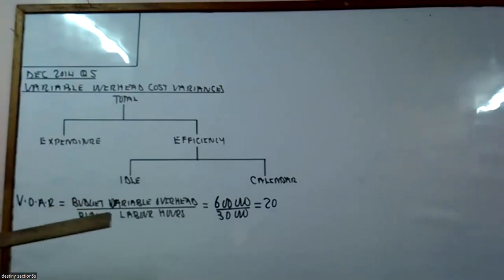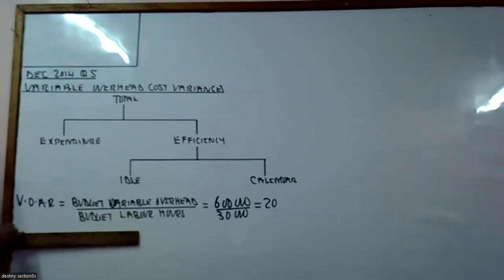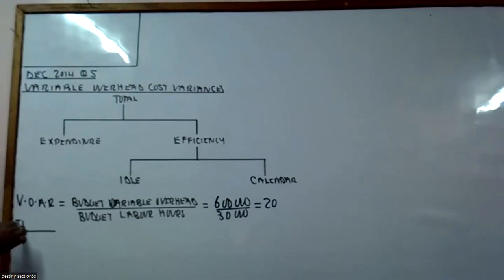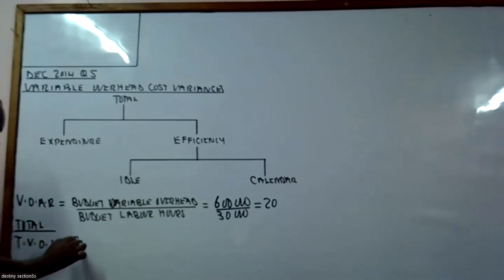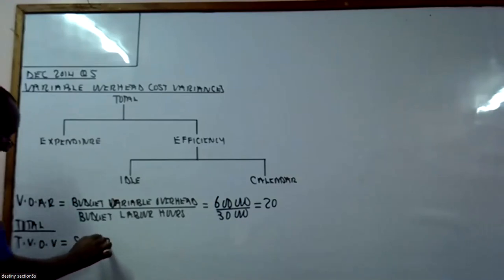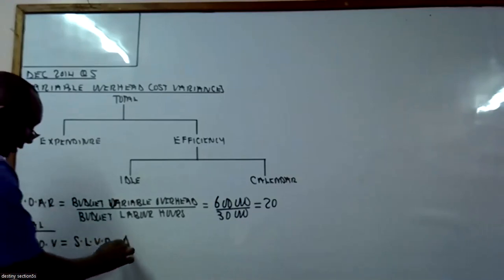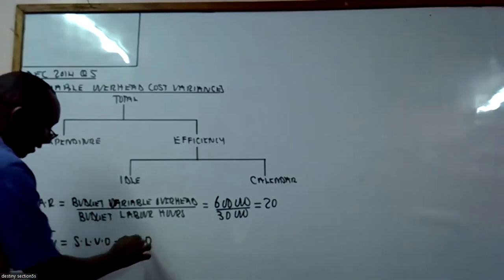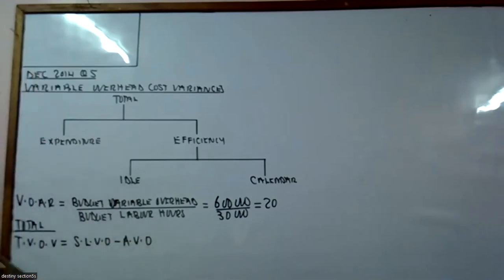So after they do that, let's now get the total variable overheads. Variance is given as standard variable overheads minus actual variable overheads. You already have that formula with you.